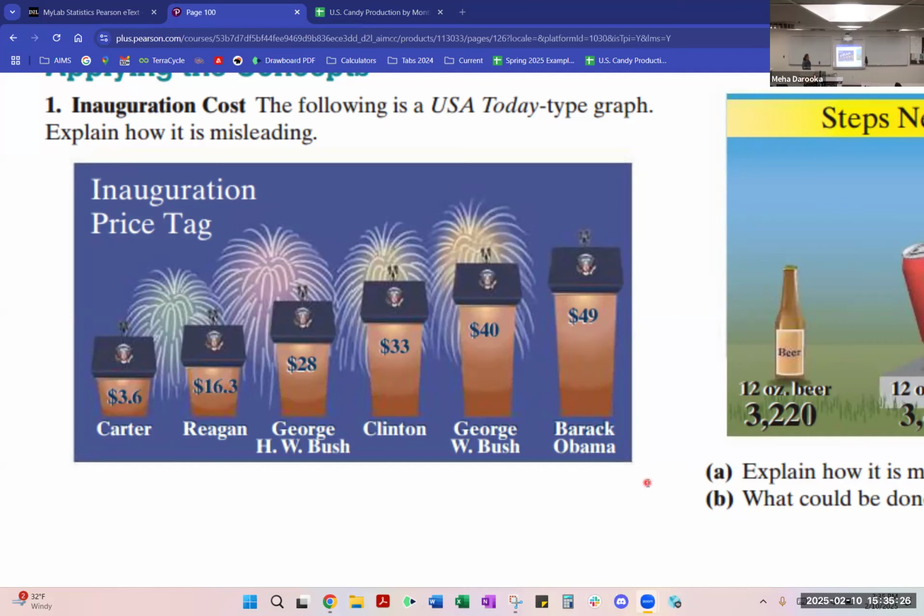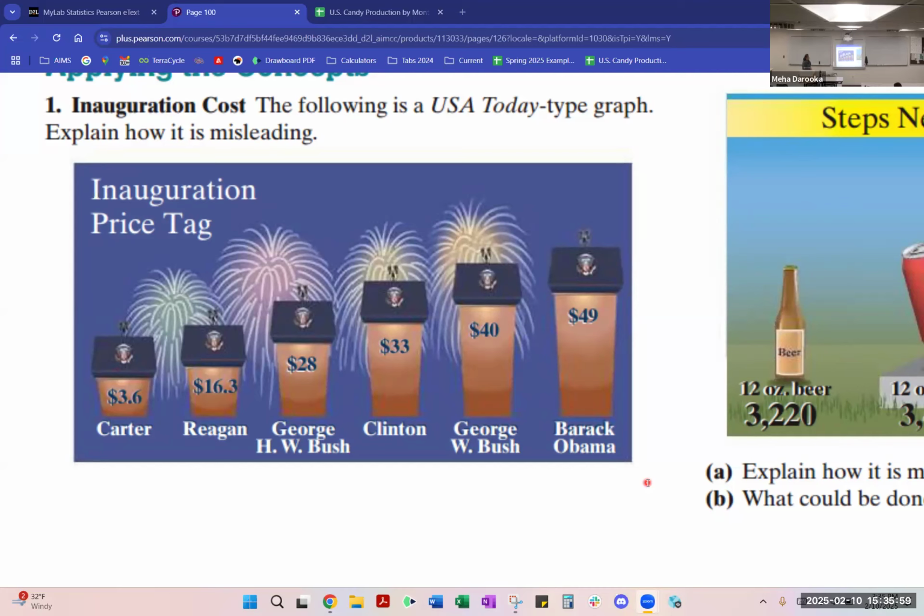What are you noticing about that little podium in there? They keep going equally up. I mean, by telling you the president, they're kind of indicating the year because we know when these people became president. So it's not here, but we can Google it and see when President Carter was inaugurated and all that kind of stuff.